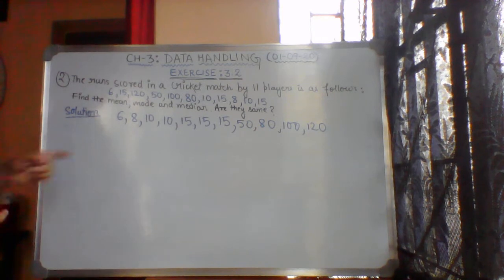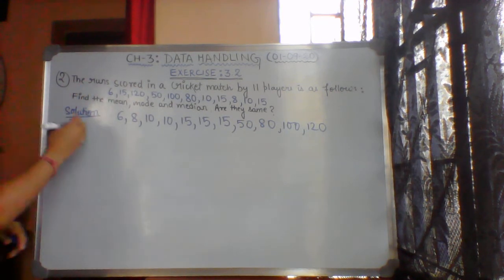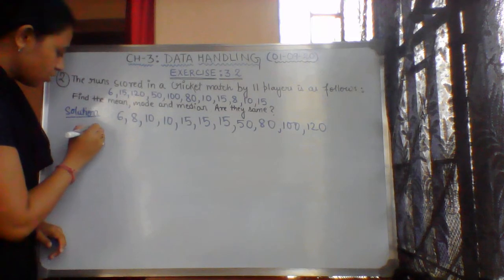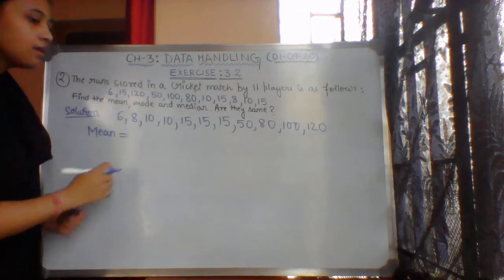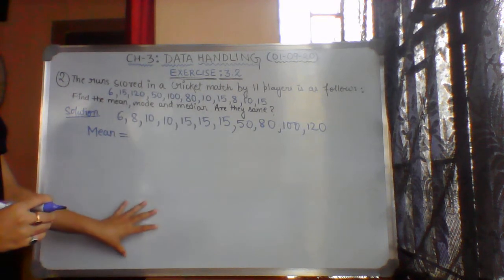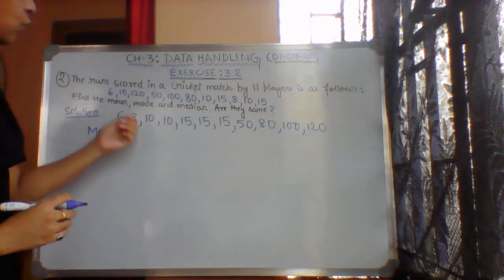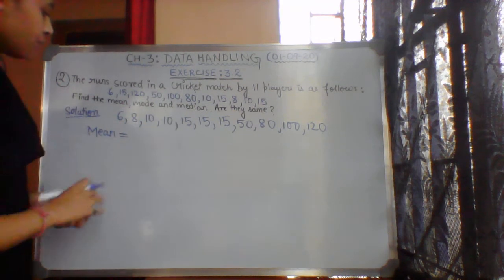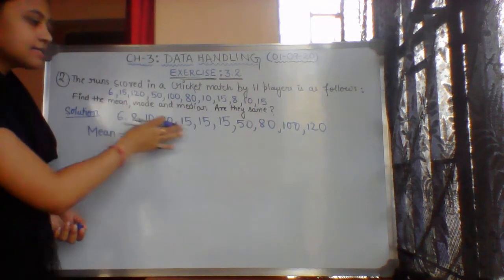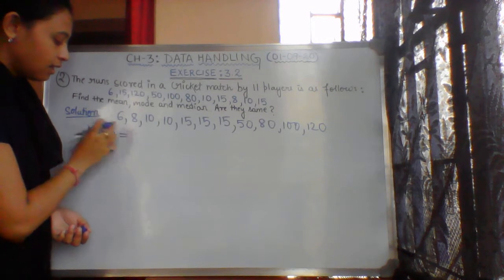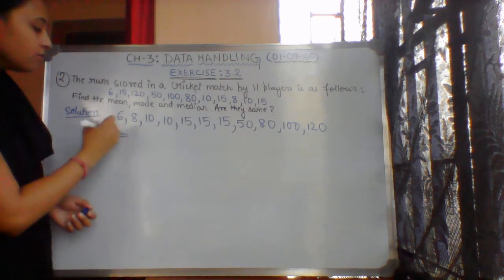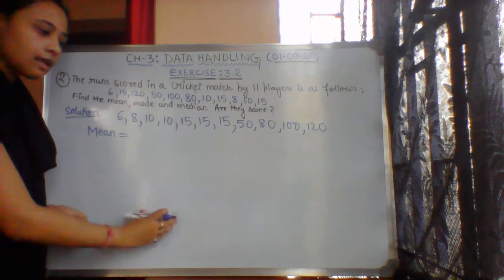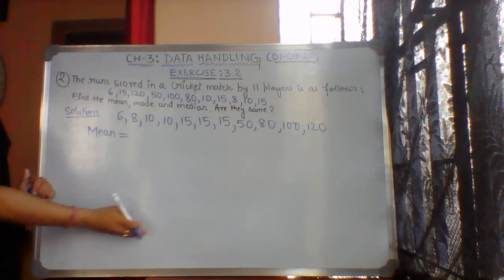Now we are going to find the mean. First question, find the mean. We will use that formula. First of all you must write the formula, then put the values and calculate. Whenever you are doing any mathematical problem, first you write what is given in the question, then you put the proper formula, then put the values in that formula and calculate, and lastly a concluding line.